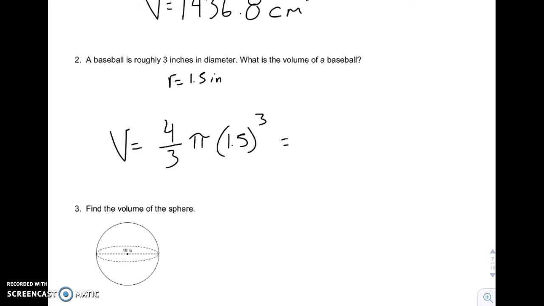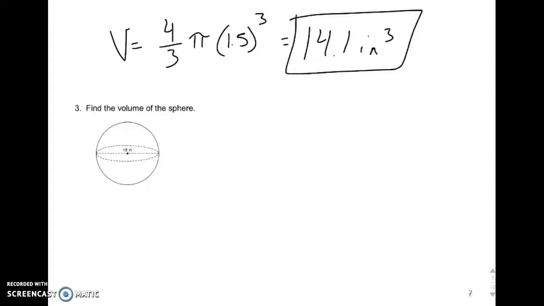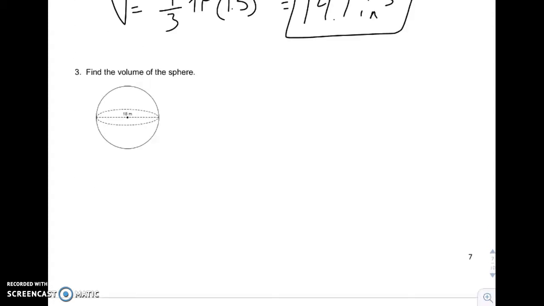I encourage you to check it right now on your calculator. Get comfortable with doing to the third. We end up with 14.13, so we leave that at 14.1 cubic inches.